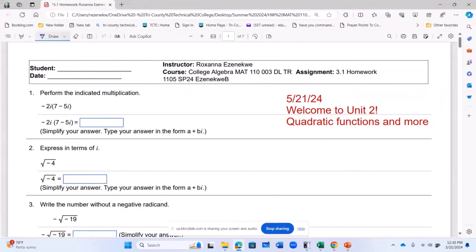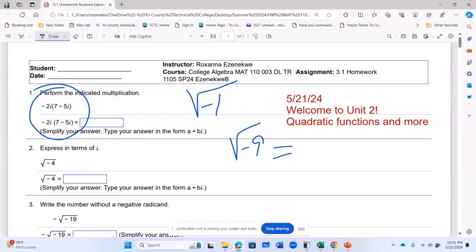All right, we want to perform any operations we are given in complex numbers. First of all, we know that the square root of -1 is the complex number we are talking about. Suppose we have the square root of -9.